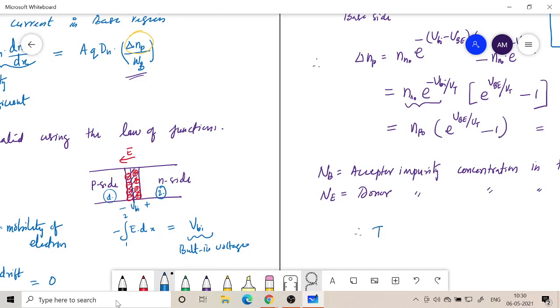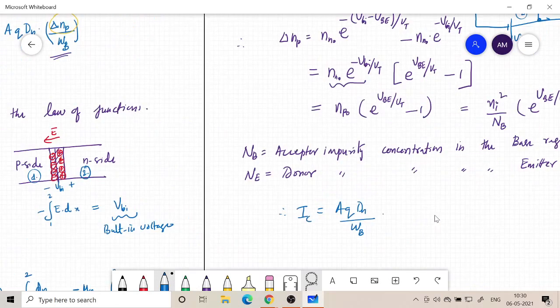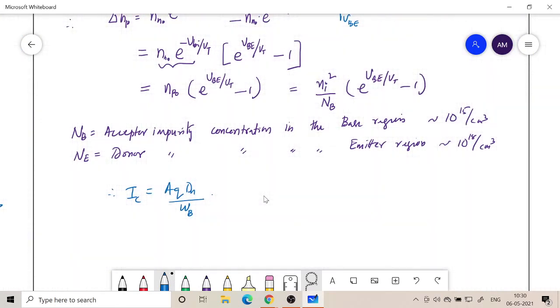Therefore Ic is going to be A Q Dn, and there is a Wb also, so Wb into delta Np. Now I have got the expression for delta Np, so I'm going to substitute that: Ni square by Nb into e raised to Vbe by Vt minus 1.